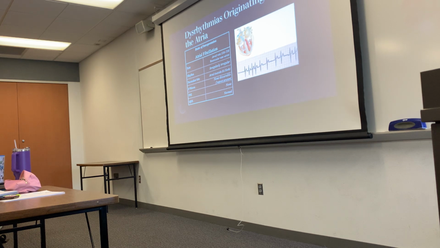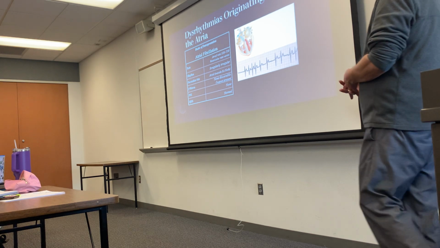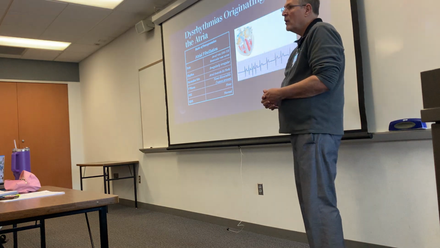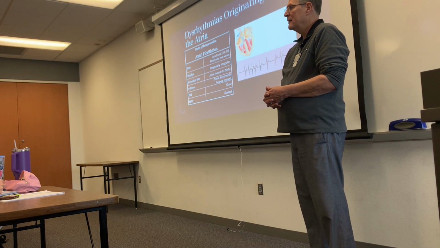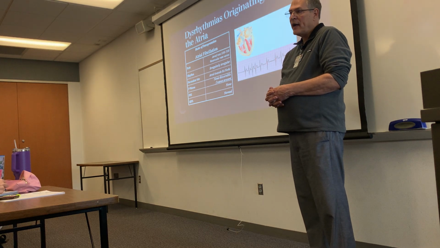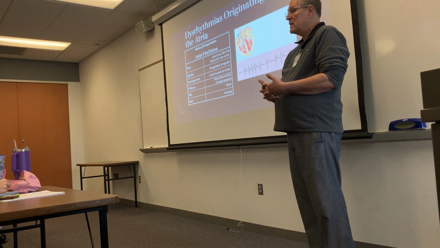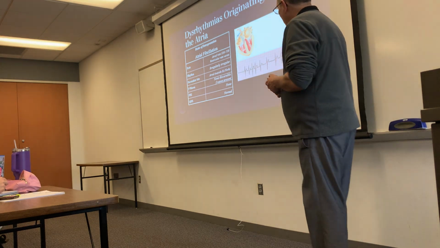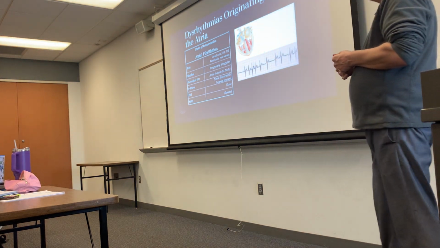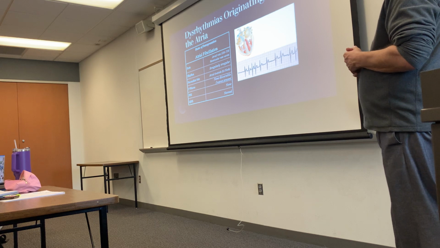All right, so this one, you guys gotta really, really pay attention. This is the #1 dysrhythmia in the world. It is growing every single day. We're not sure why. We think the biggest reason is people are living longer, right? So as the heart ages, it tends to start responding and doing its own thing.